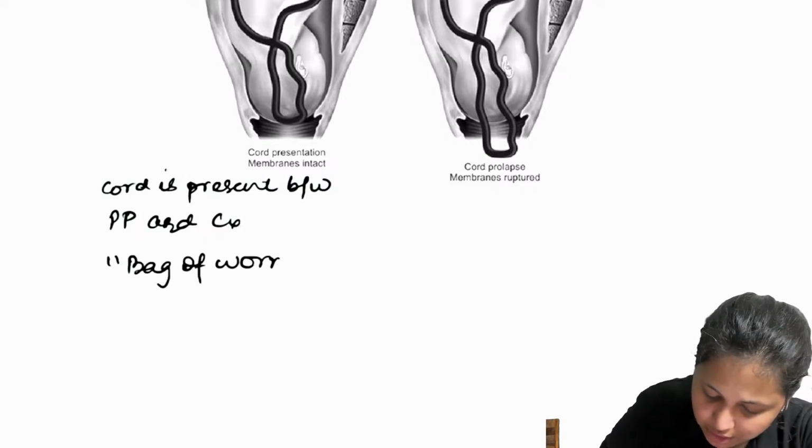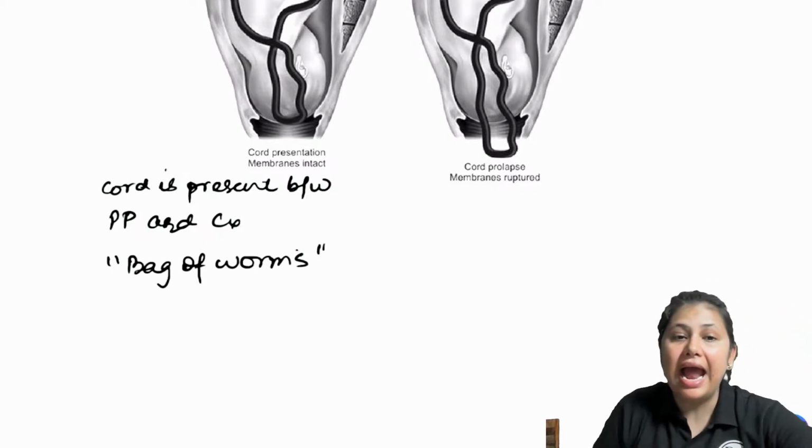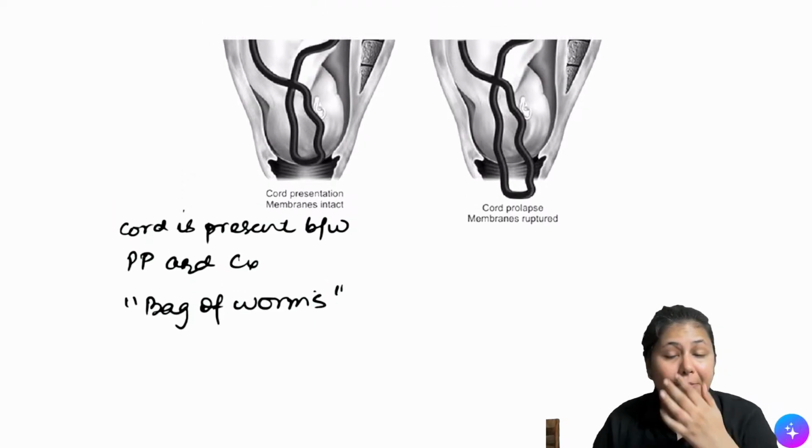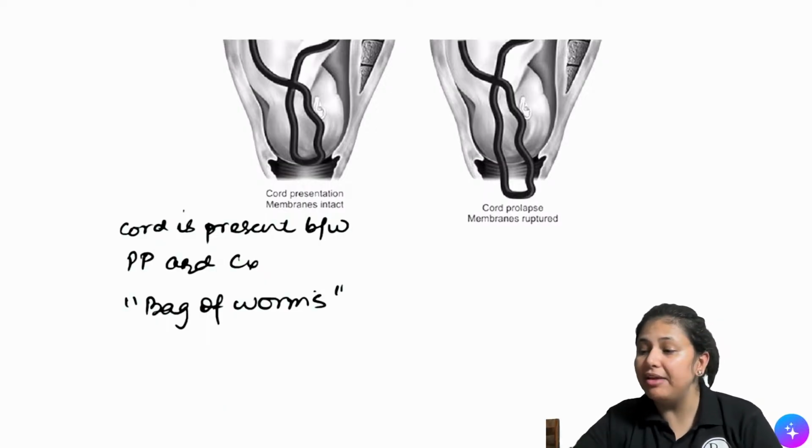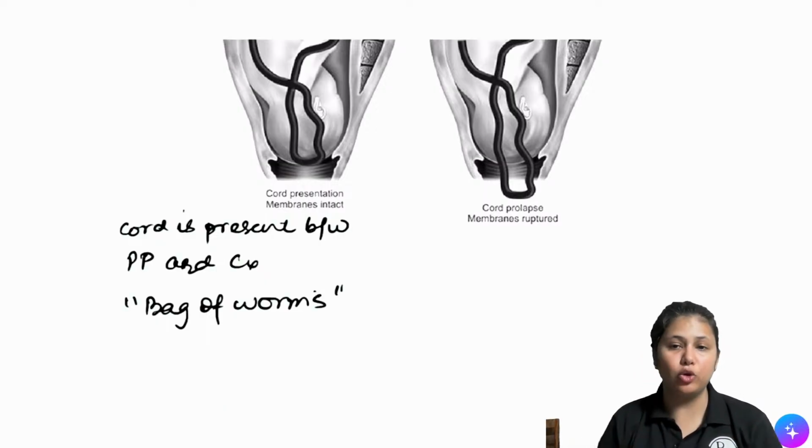Bag of worms feel. Right. And if by chance these membranes were to rupture, what will happen? The lowermost part of the fetus that is there, that is the umbilical cord. So the umbilical cord will fall out, right? And that is going to be cord prolapse.